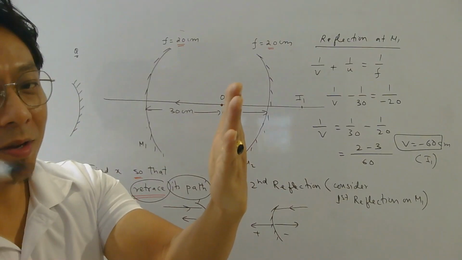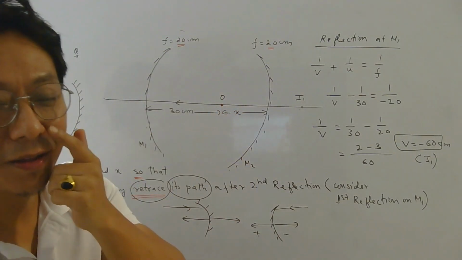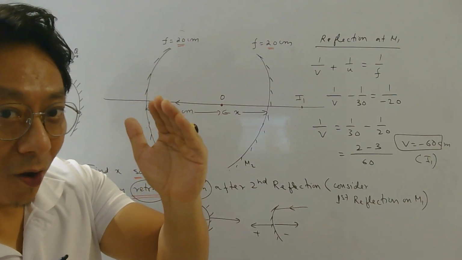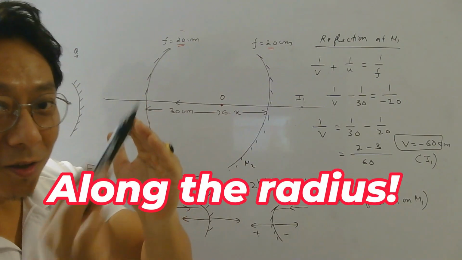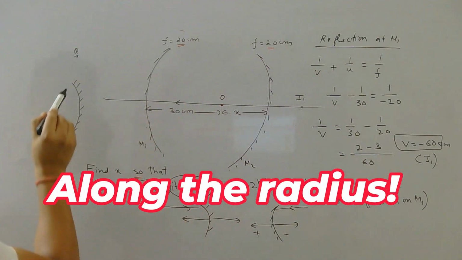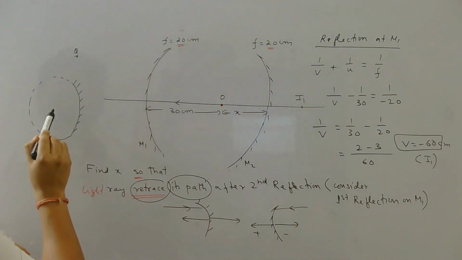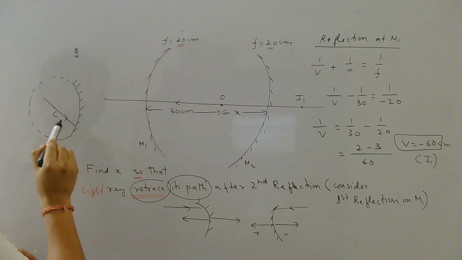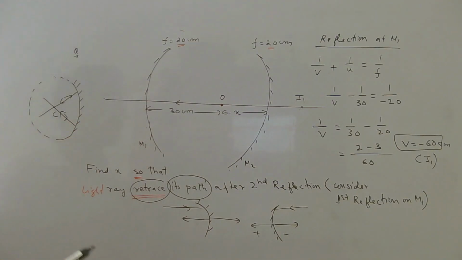So for a plane mirror, if it comes like this, it will go back like this. It will retrace the path. And for a spherical mirror, the light should be along the normal, which means it should be along the center of curvature, right? So if this mirror has its center of curvature here, any light that goes this way or this way will just retrace its path.